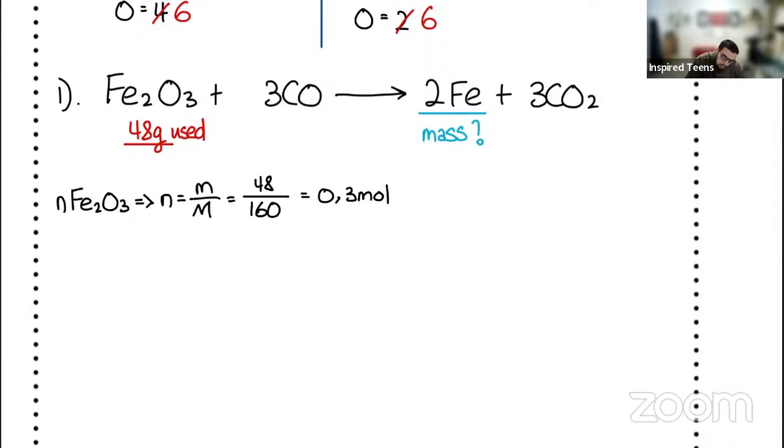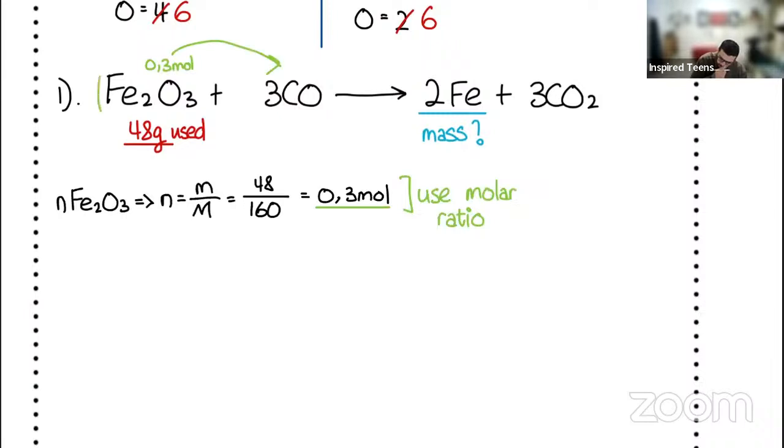Now, the important thing is once we have the moles, we can use the molar ratio. The molar ratio makes things easy for us because once we have the moles of this, 0.3 moles, we can easily use the molar ratio to get this. We just multiply by 3 because this is 1.